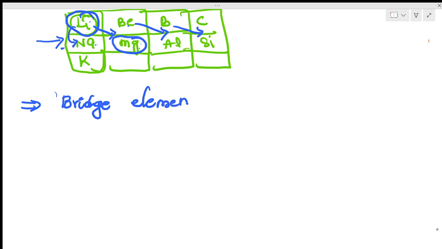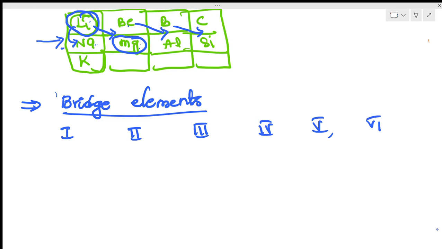So Mendeleev arranged the elements in eight groups: first group, second group, third group, fourth group, fifth group, sixth group, seventh group. The eighth group I will tell you later. So how does it happen?